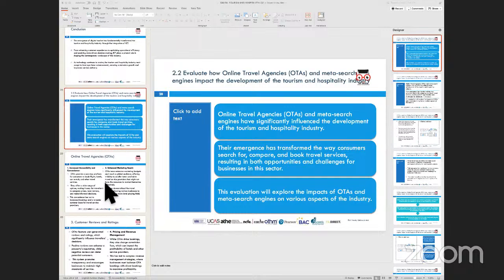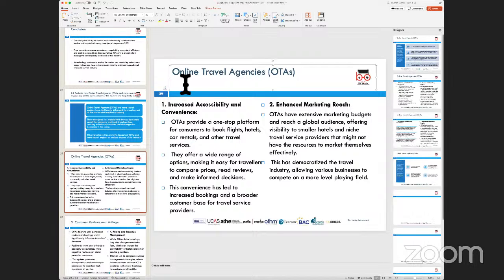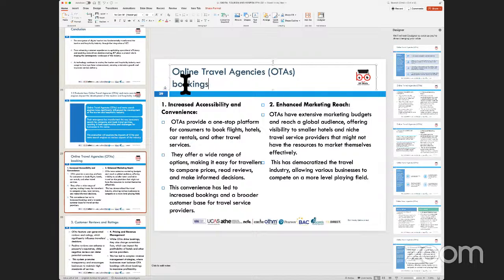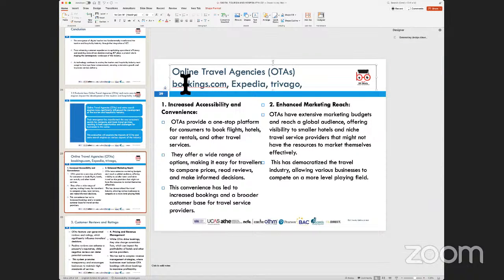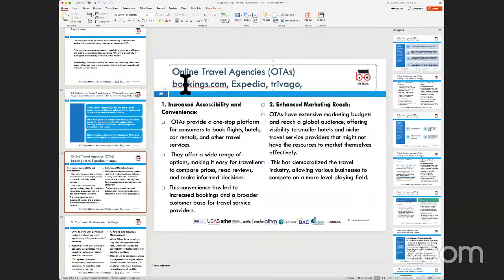When we talk about some of the online travel agencies, the big names that come to mind, if I write them down here, in the UK, for example, are Booking.com and Expedia. You have Trivago, a website which has come up in the last couple of years, I would say 2 or 3 years, which basically allows you to book hotels and save a lot of money by booking them online rather than going to the hotel sites.